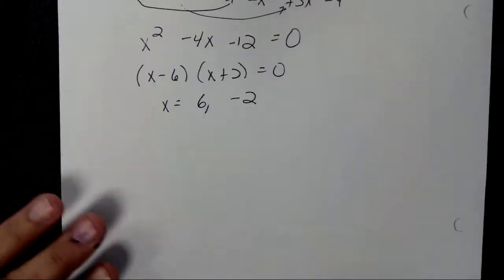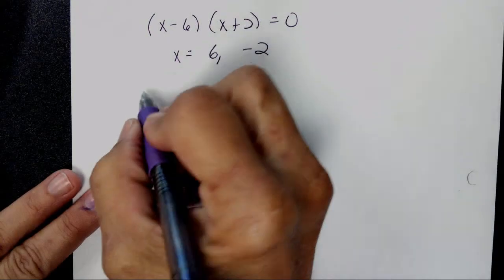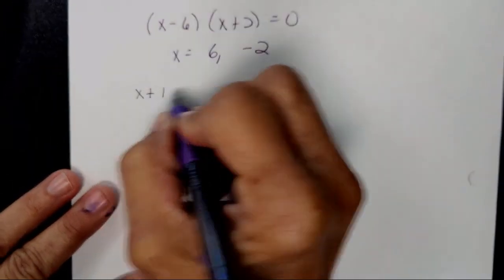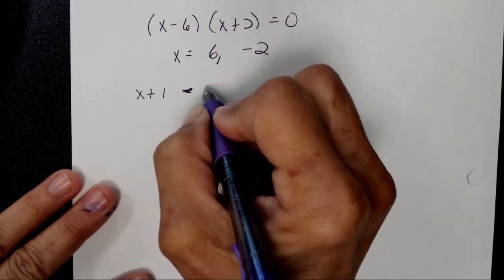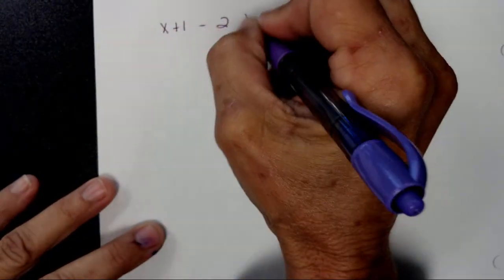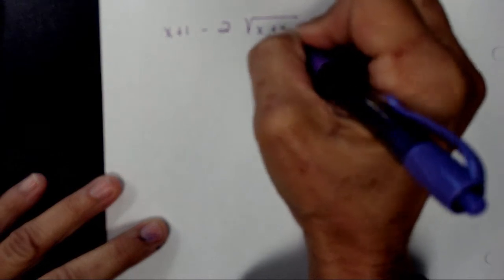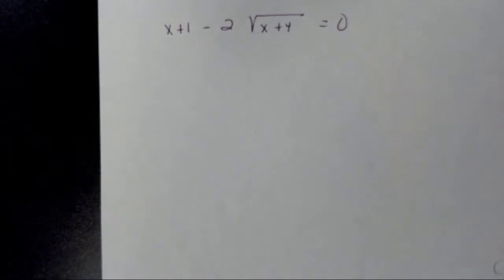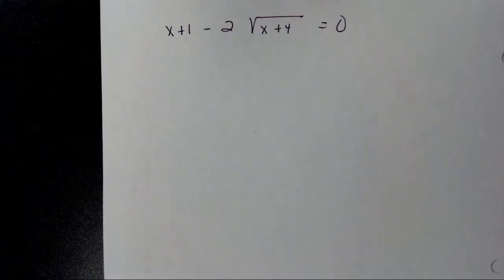37. What kind of equation? Square root? Do we have the same plan for square root that we have for quadratic?